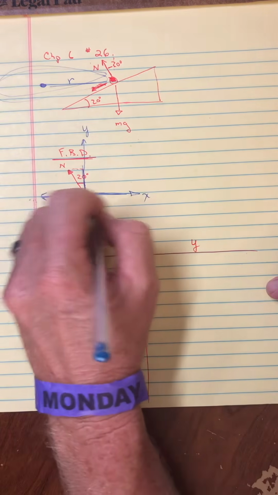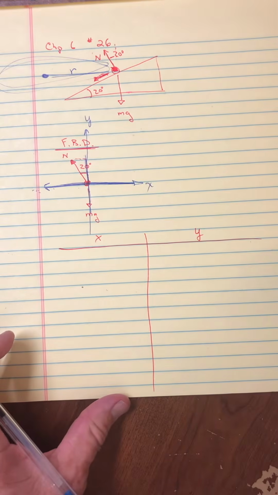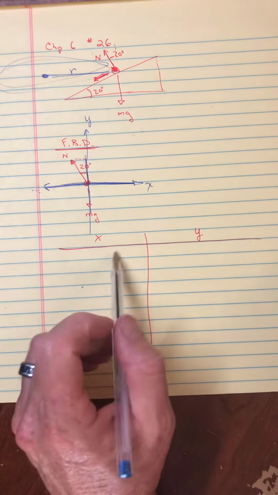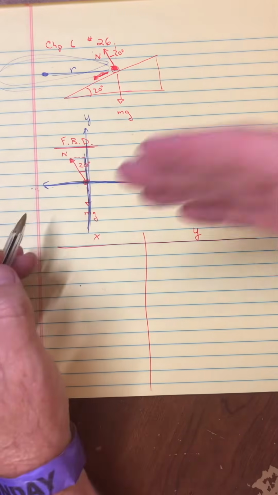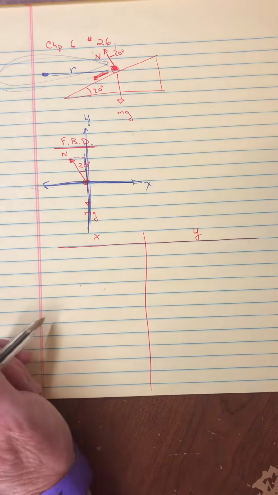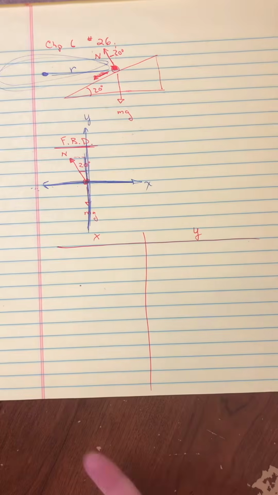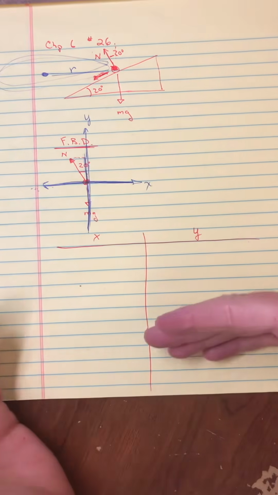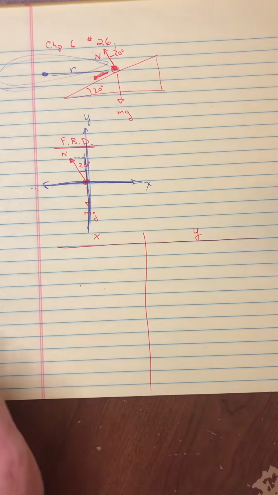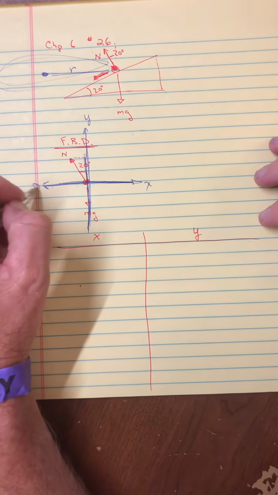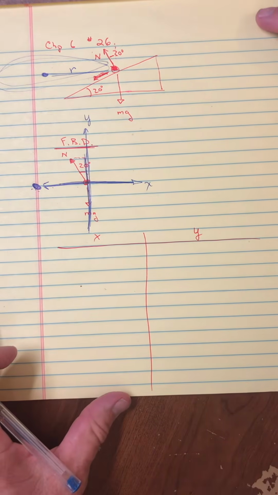And that's my hint to you to make these problems a little bit easier mathematically: always put one of your axes, it doesn't matter if it's the x-axis or y-axis or negative x-axis or negative y-axis, but put one of them in the direction of the acceleration if you know it. That way, the other one is 0. And the one that you do know, you don't have to multiply by some kind of sine or cosine of it. And so in this free body diagram, I'm going to put a little dot also just to remind myself what is the center of the circle.